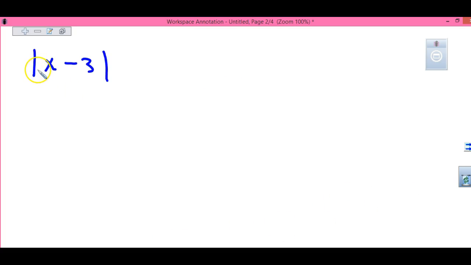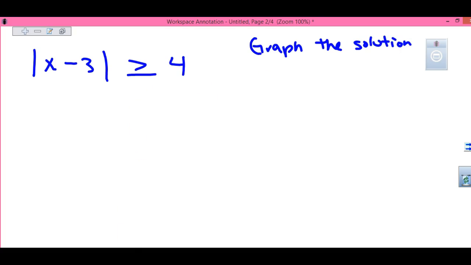If we have the absolute value of x minus 3 is greater than or equal to 4, and we have to graph the solution, we have to solve this first of all. So we're going to say x minus 3 is greater than or equal to 4.